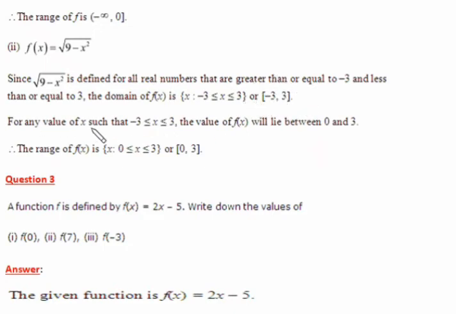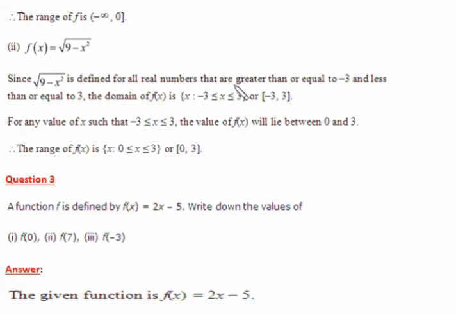For any value of x such that x is greater than or equal to minus 3 and less than or equal to 3, the value of f(x) lies between 0 and 3. When we put 9 minus x square equal to 0, we get x square equal to 9, so x is equal to plus or minus 3.